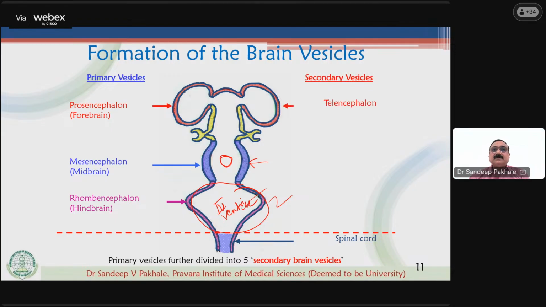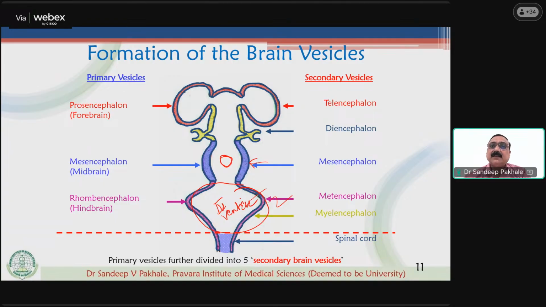So you can see the telencephalon, diencephalon, mesencephalon, metencephalon, and myelencephalon. So these are the 5 secondary brain vesicles.